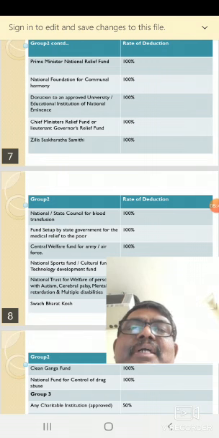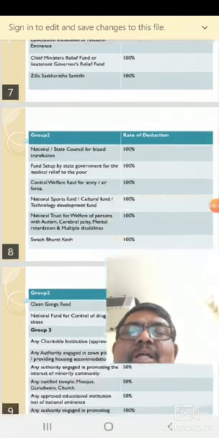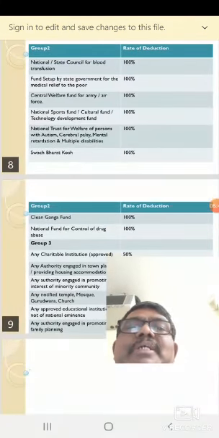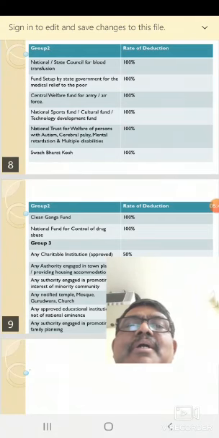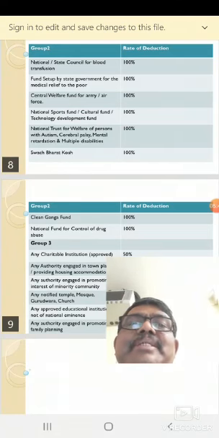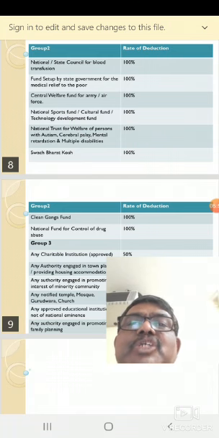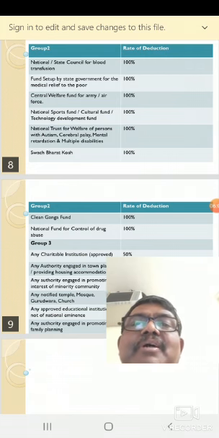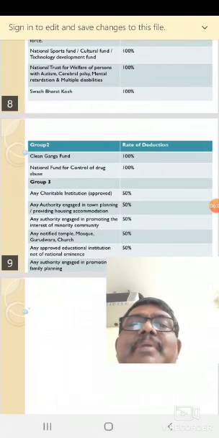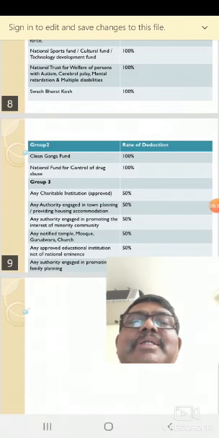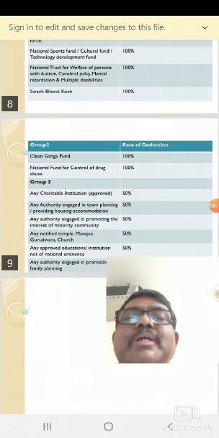Relief Fund, Zila Saksharata Samiti, and also National or State Council for Blood Transfusion, again fund set up by the state government for medical relief to the poor, and also Central Welfare Fund for any Army or Air Force, again National Sports Fund, Cultural Fund, Technology Development Fund, National Trust for Welfare of Persons with autism, mental retardation and multiple disabilities, and even also Swachh Bharat Kosh.